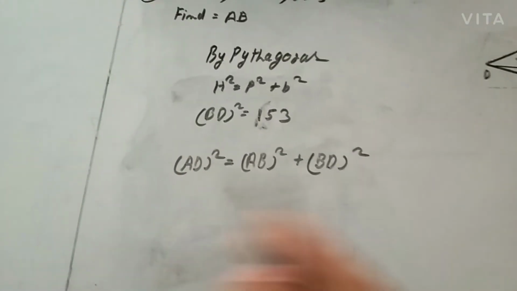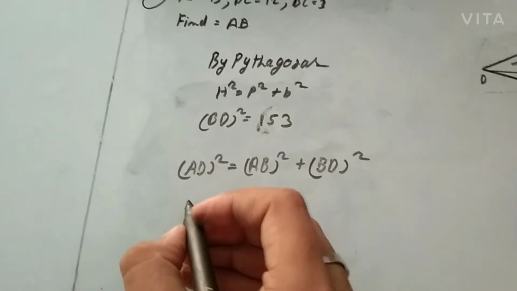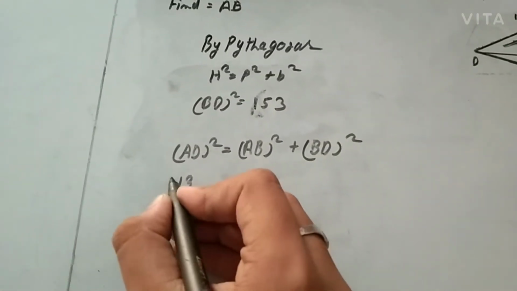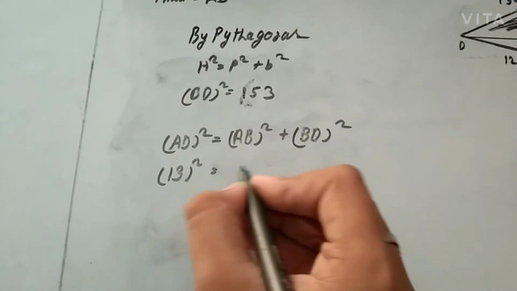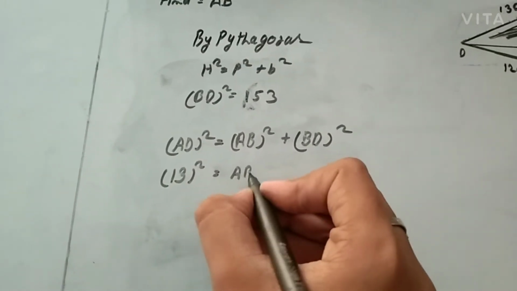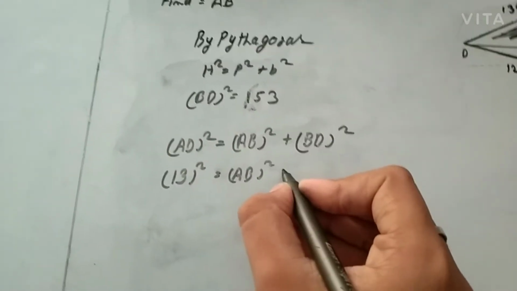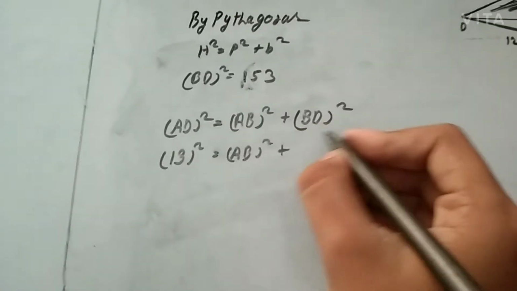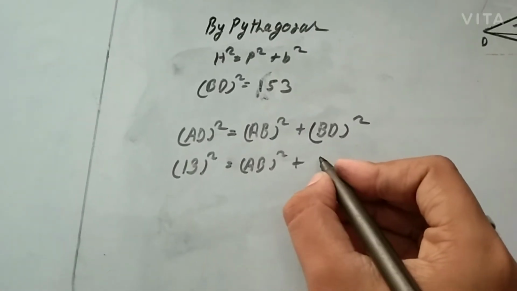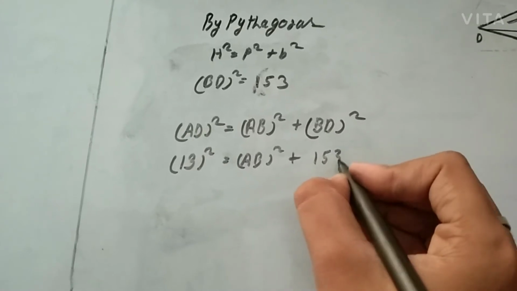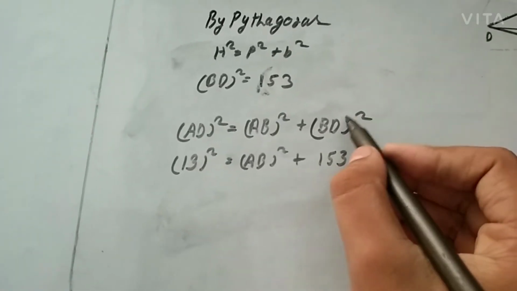This is our equation, and AD is 13 square. AB will remain the same because we have to find it, plus BD square, which is 153. We will not put a square on it.